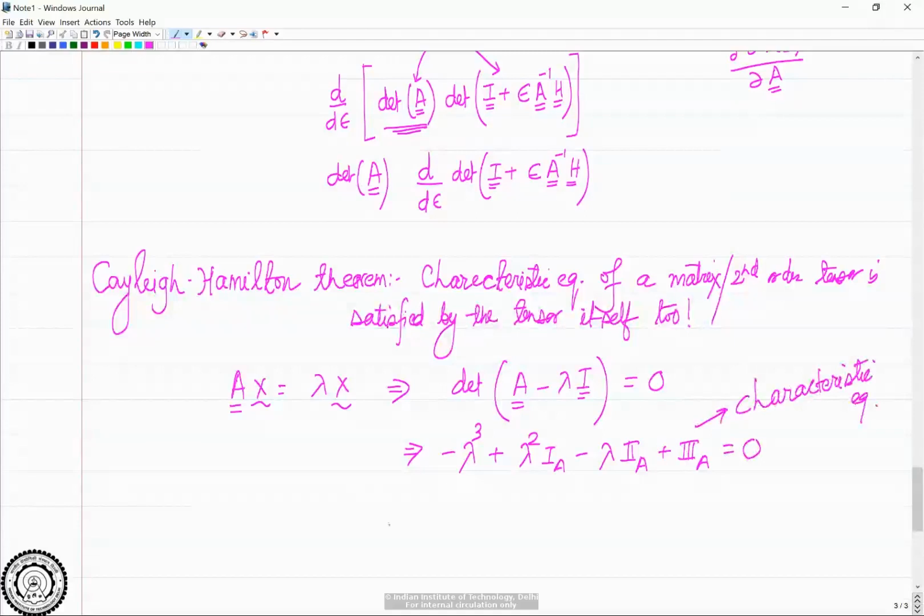And the Cayley-Hamilton theorem says you can replace lambda with the tensor A itself and still it will be satisfied. So wherever you have lambda, replace it by A, and then it becomes minus A cube plus A square into IA minus A into 2A plus 3A times identity equal to 0.